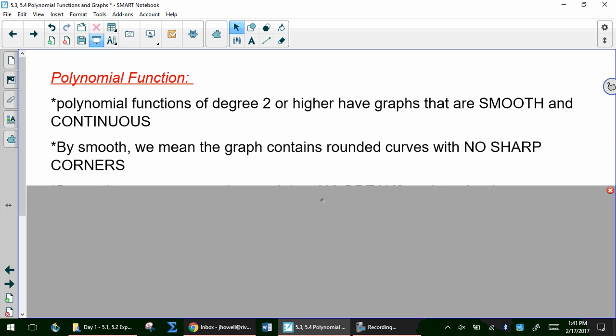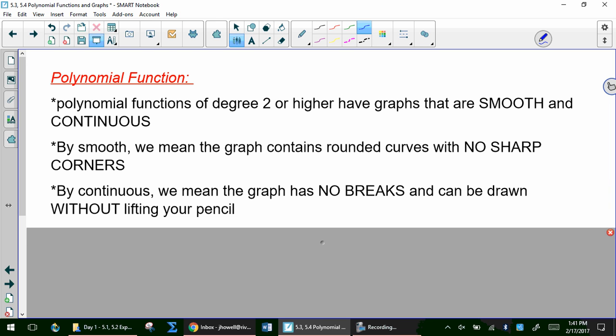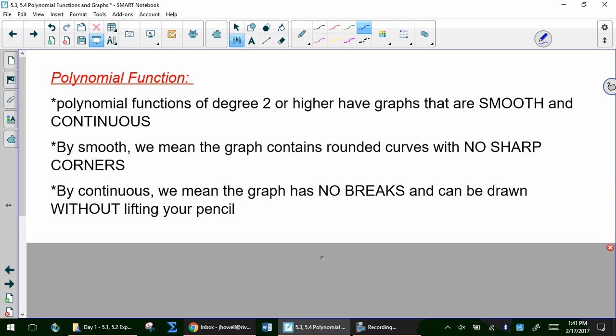So by smooth, we mean the graph contains rounded curves with no sharp corners. Okay? And by continuous, we mean the graph has no breaks at all, and it can be drawn without lifting your pencil.